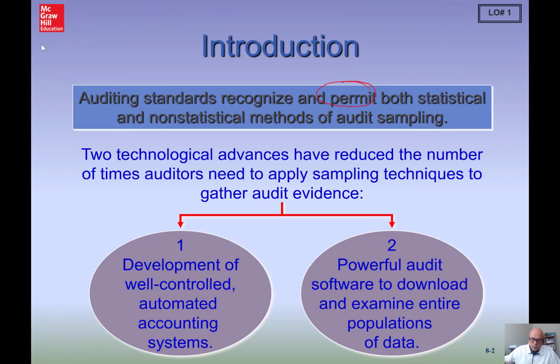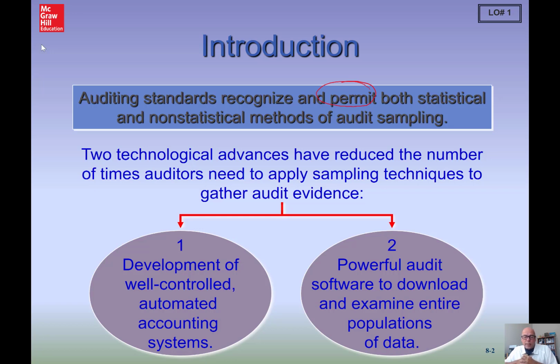All right, so let's just go ahead and take a look, and they tell us that generally accepted auditing standards, our GAAS standards, and PCAOB allow us to use audit sampling. Okay, now I circle the word permit though, because I think that sometimes you'll see homework questions, that sort of thing, that'll make it sound as though the auditor is required to use sampling in the course of an audit, and we are not required.